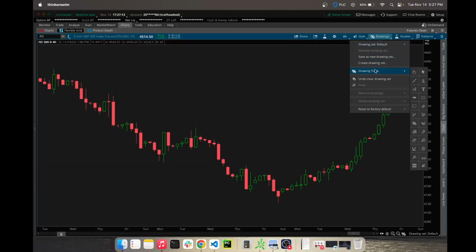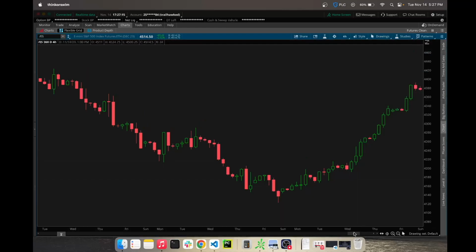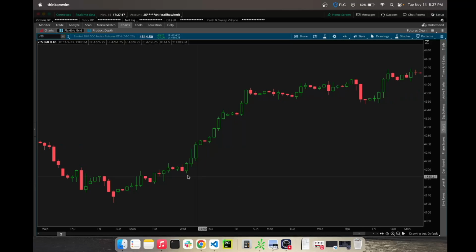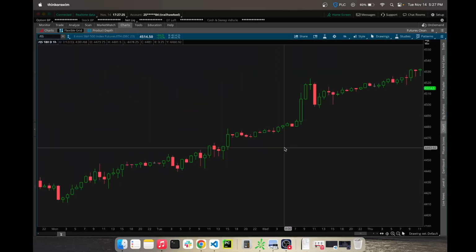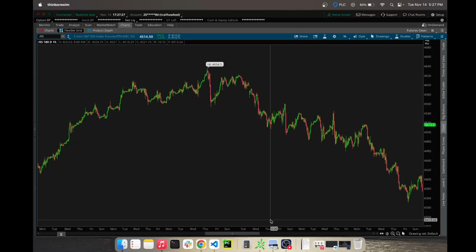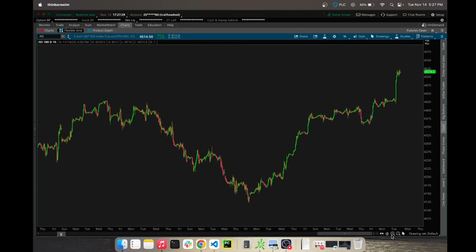So if we start to move over, you can see that we're running straight up and there's not really much room for retracement on the 4 hour. So let's go down to the hour and see if we can't find anything that looks like it might be indicative of what a solid fib retracement would look like.